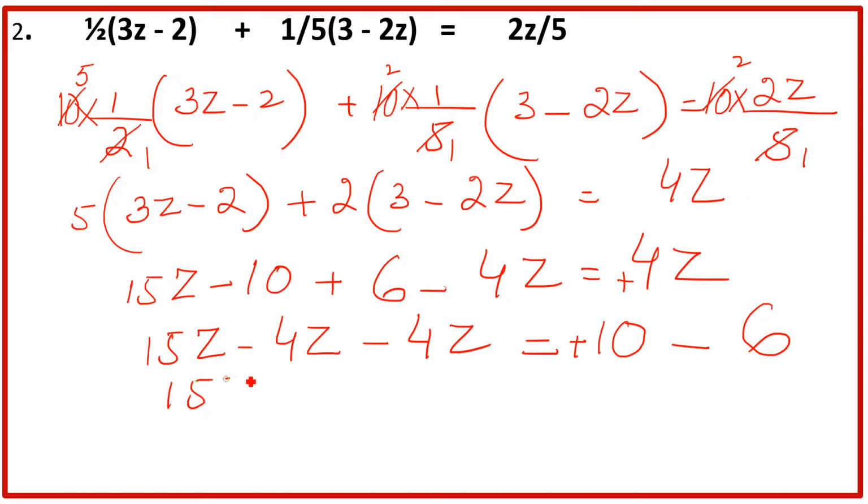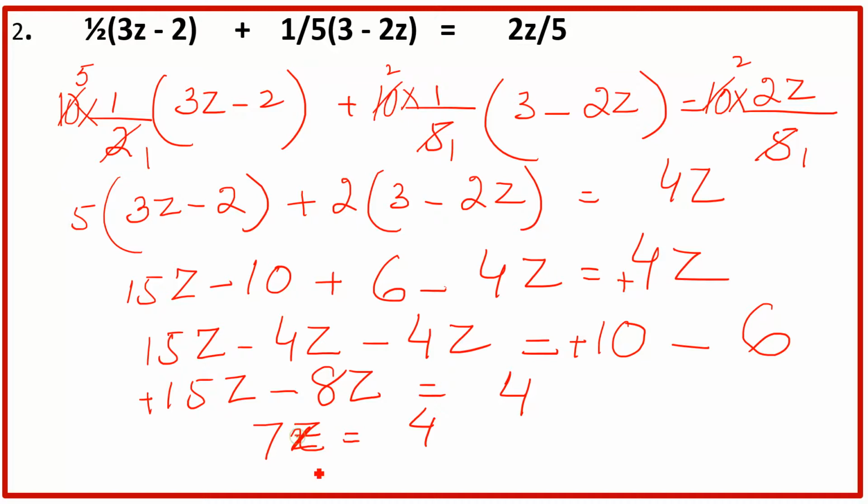So it will be 15z, and this is minus, this is minus, so it will be 8z. You have to add, but the sign remains the same. Minus 8z is equal to 10 minus 6, which is equal to 4. So this is positive 15z, this is negative, so positive, and this is 7z is equal to 4.